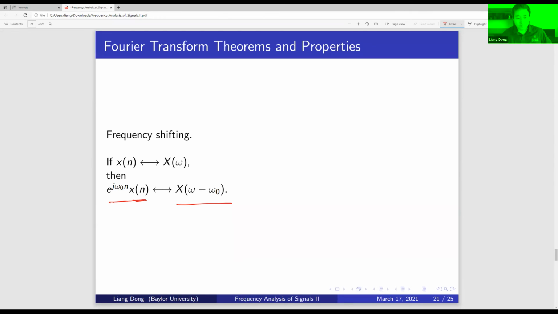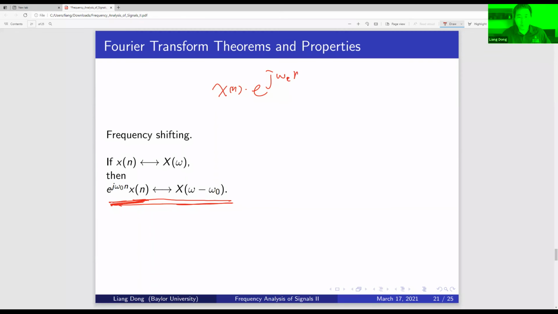Now what is this? If you know something about communications, this is a modulation or upconversion. You modulate it onto a carrier frequency. Basically, you have a signal xn multiplied by e to the j omega 0, which in a communication system we call a carrier frequency, omega c.